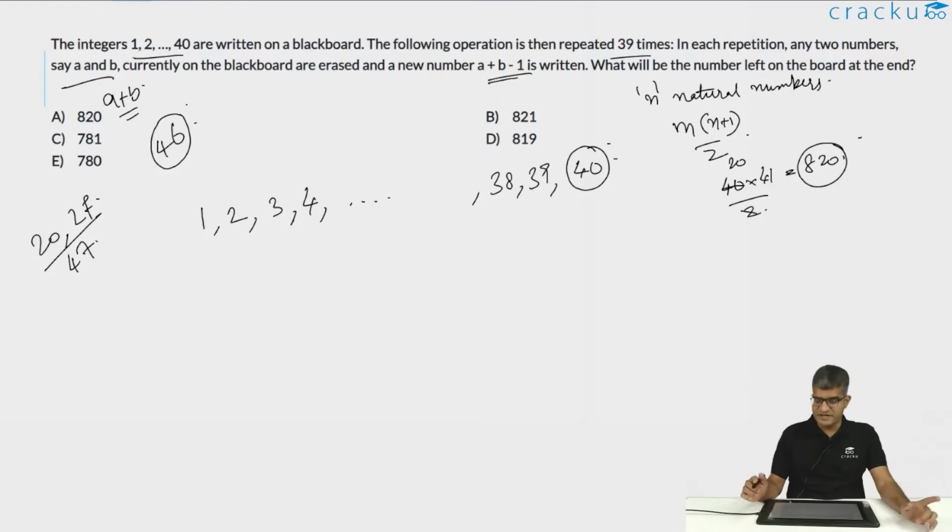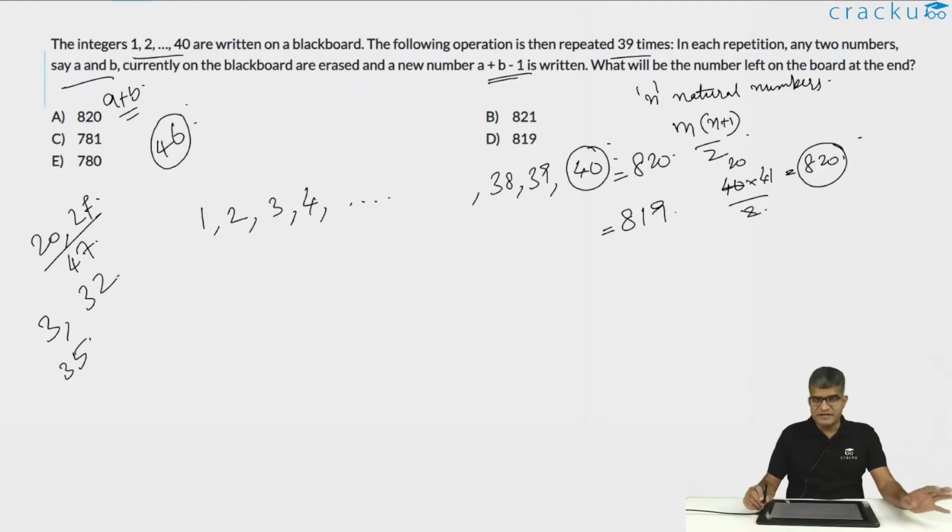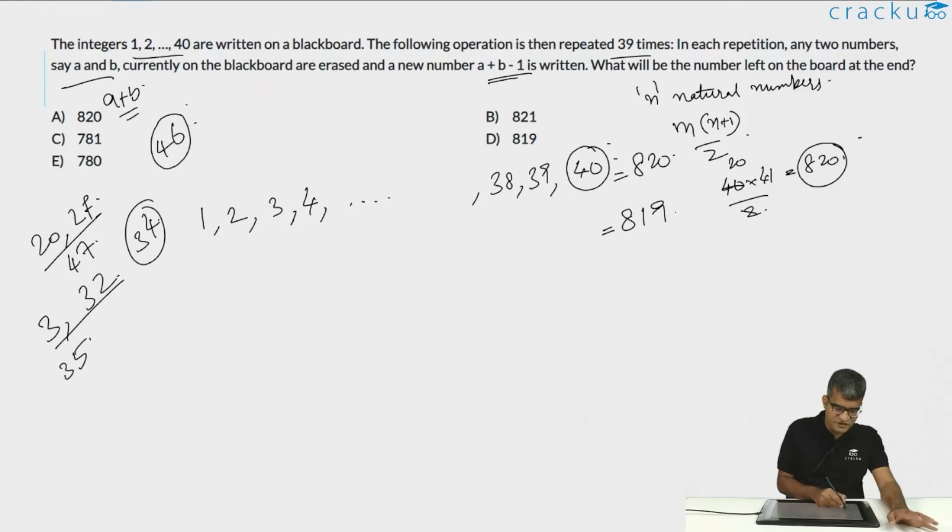So after the first repetition, the sum on the board, which was initially equal to 820, now becomes 819. Now again two other numbers are picked. The two numbers that are picked again can be any two numbers. Let us assume randomly that the two numbers are say 3 and say 32. Just two random numbers. The sum is 35, but those two numbers are now replaced with a single number which is 34, which is these two numbers minus 1.